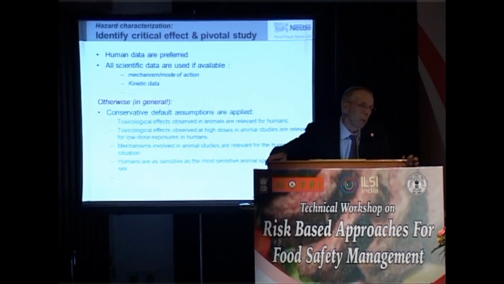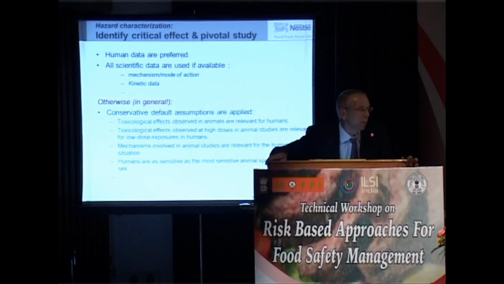And sometimes there will be mechanistic data, so we will know how the chemicals are acting, and sometimes we even know, and we had some examples cited previously, where there are mechanisms which are specific to animals and which will not be relevant for humans, and in that case, this type of study would not be used for a risk assessment.